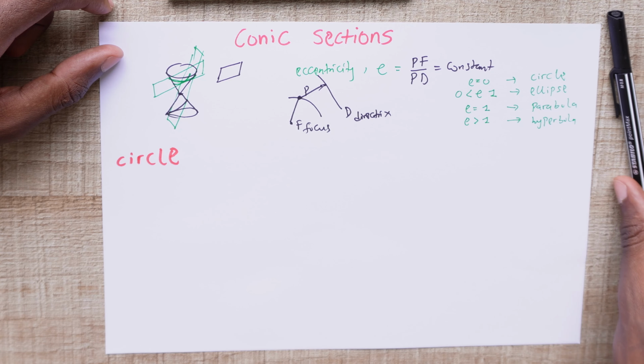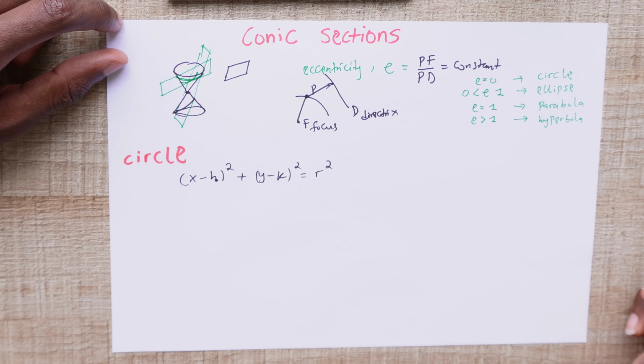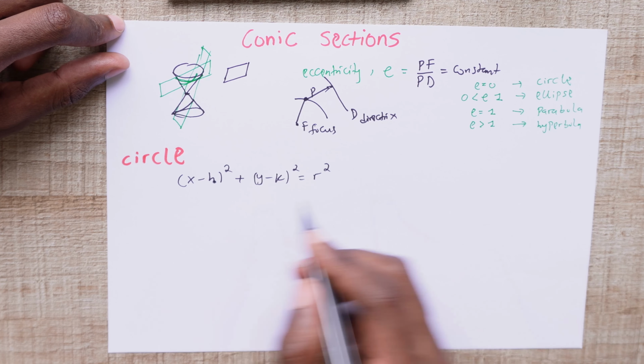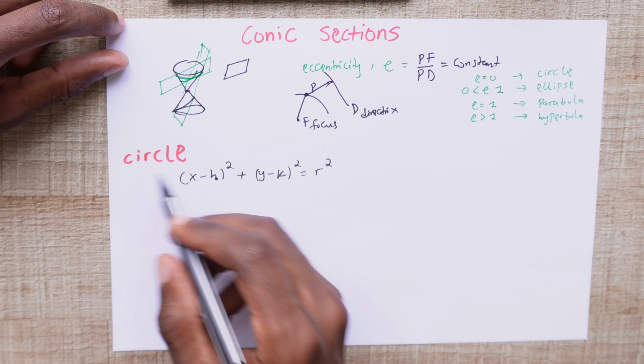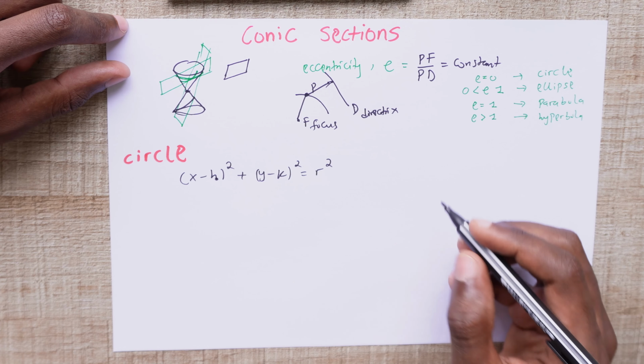So the Cartesian equation of a circle is given as (x minus h) squared plus (y minus k) squared equals r squared. So what this equation means is that a circle is the locus of a set of points.